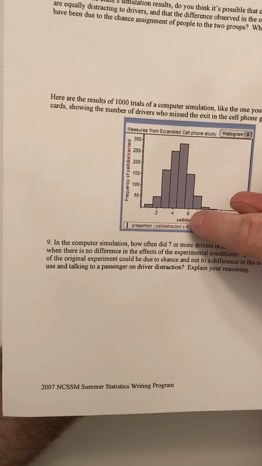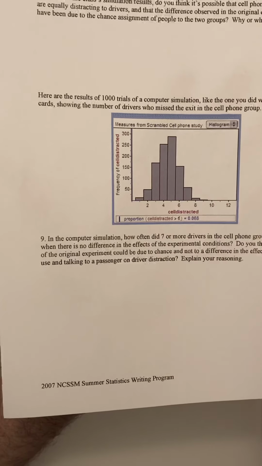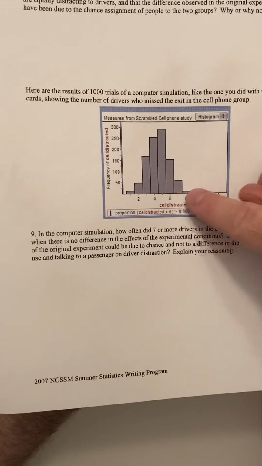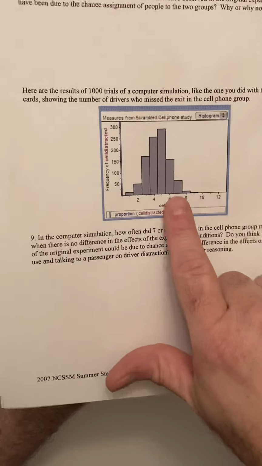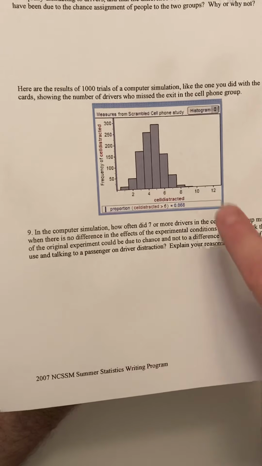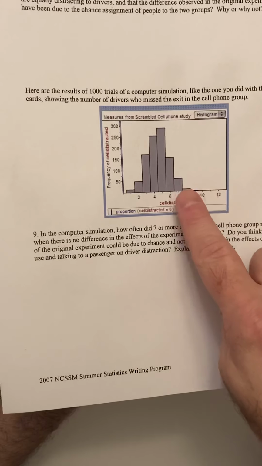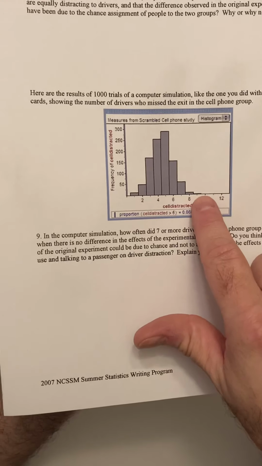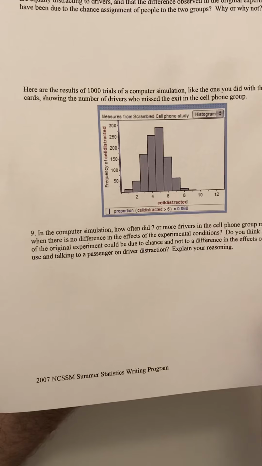And again, this is under the assumption that those 9 people always missed exits. And very few of the times was it 7 or more. As a percentage, if I remember correctly, it was only about 6 or 7% of the time that it was 7 or more exits missed.